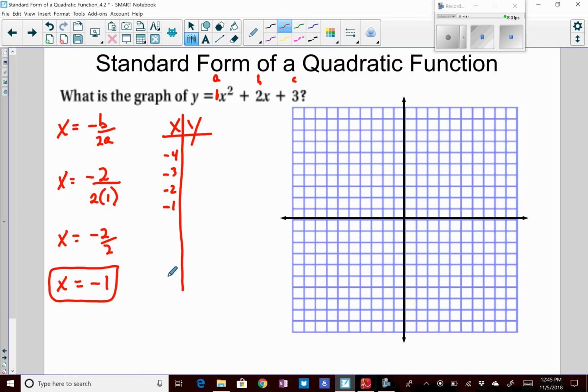Down here, we want 3 consecutive integers greater than negative 1. So that's going to be 0, 1, and 2. We need the corresponding y values for those numbers. We could either take each x value, plug it into the equation, and find the corresponding y value, or we can do this in the calculator and get all the y values at the same time. So let's take a look at that.